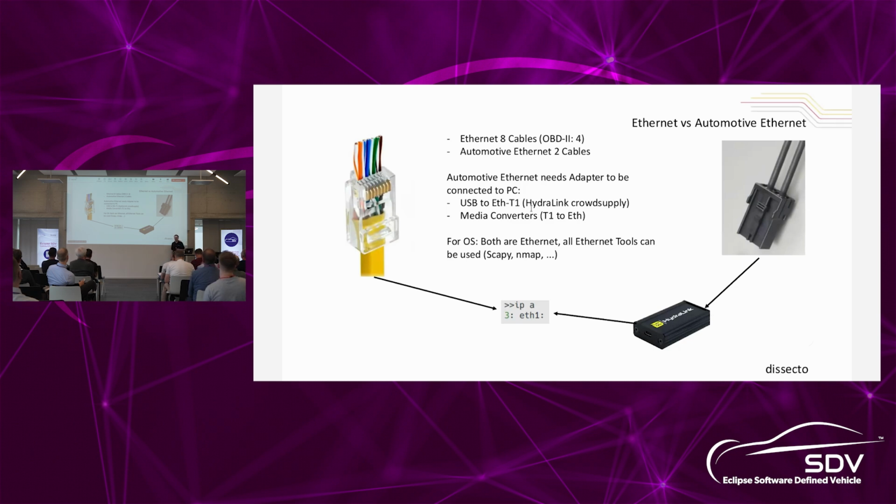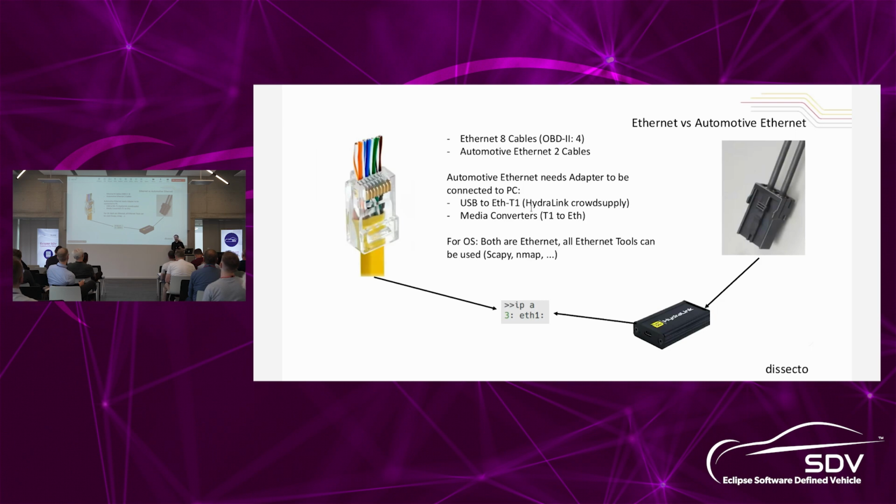But in total, if I plug Ethernet into a PC, doesn't matter which one, Windows, Linux, Mac, it will always come out as Ethernet. For automotive Ethernet, I need an adapter or a media converter, which converts it to USB or to Ethernet, so I can plug it into the laptop, because laptops don't usually have automotive Ethernet plugs.